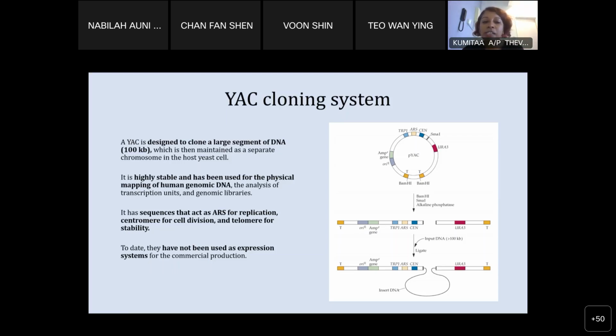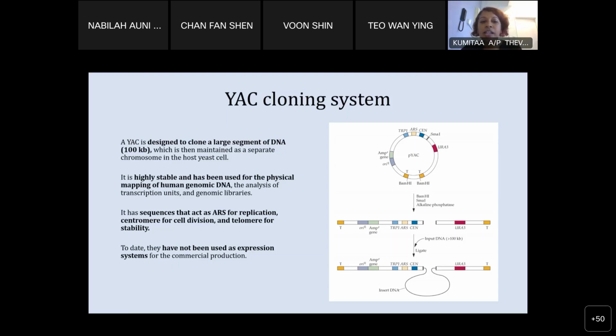It has sequences that can act as an ARS for replication, centromere for cell division, and telomere for stability. So this was also pointed out earlier. If you remember the linear genomic map of YAC, you did see telomeres at the 5' and 3' end of the YAC cloning system.